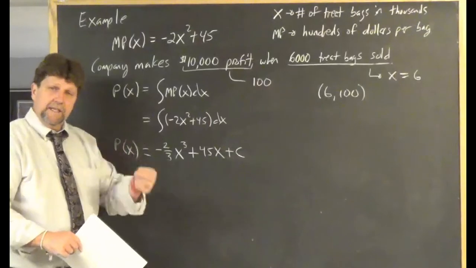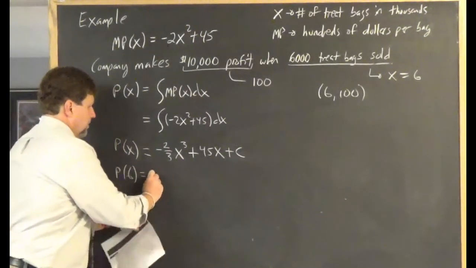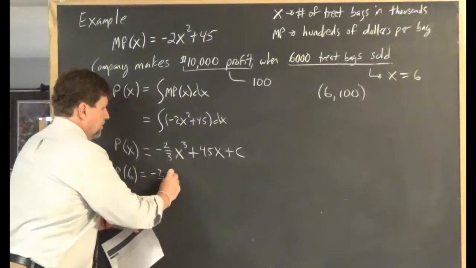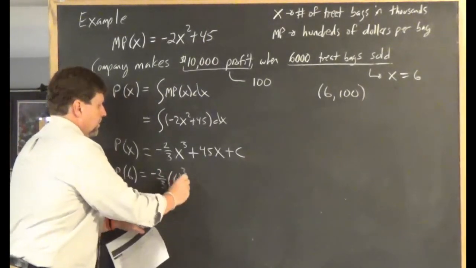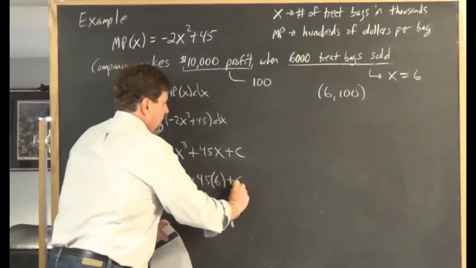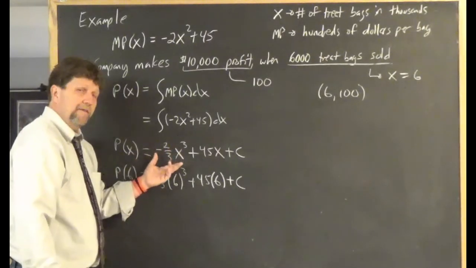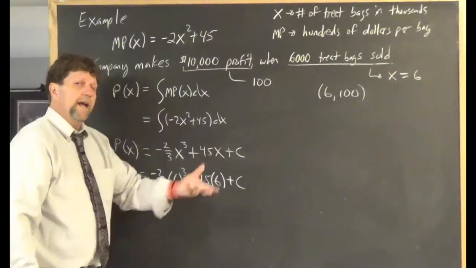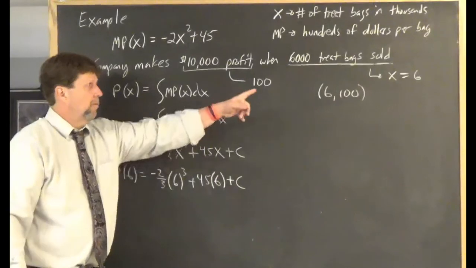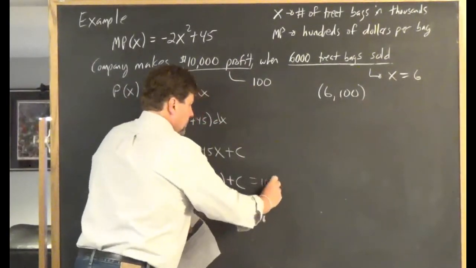So we put 6 in for the x. When 6 comes into the profit function for the x, what has to come out profit-wise is 100. So this has to kick out 100.